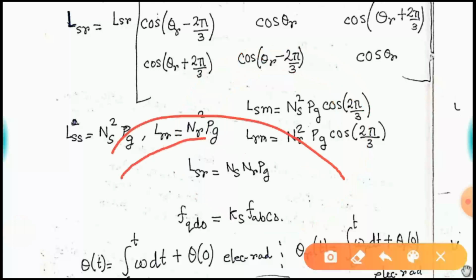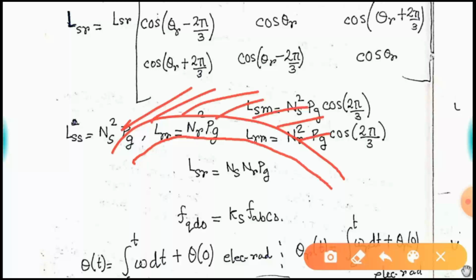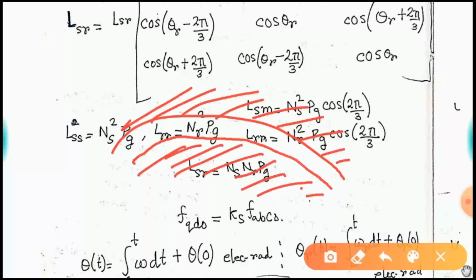I'm not able to draw it correctly, but say here we are having two iron sides, right, and we are having an air gap.